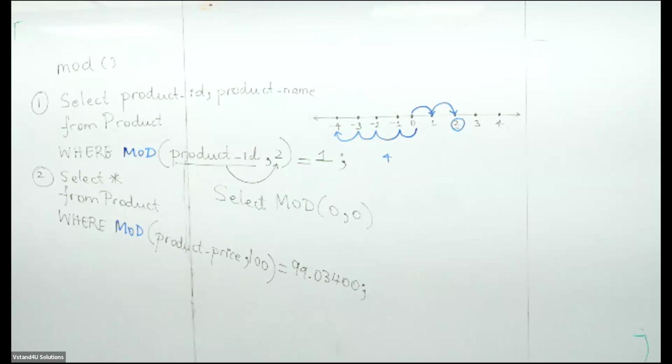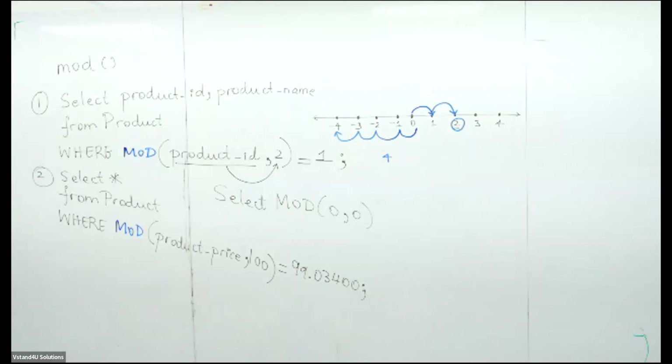Take down the last query. Write a query to find the absolute value for -55.5.